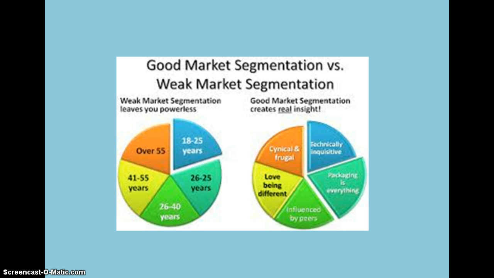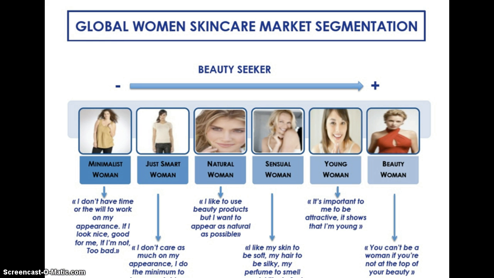And so a lot of companies work with segmentations like that. So this is an example, a simple overview that gives different customer segments or different target groups for the skincare market.